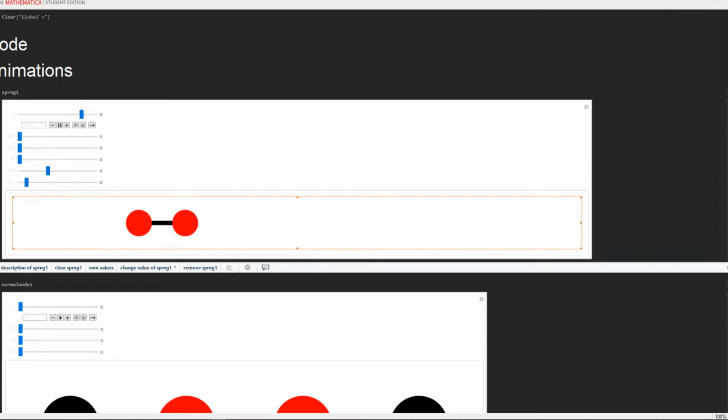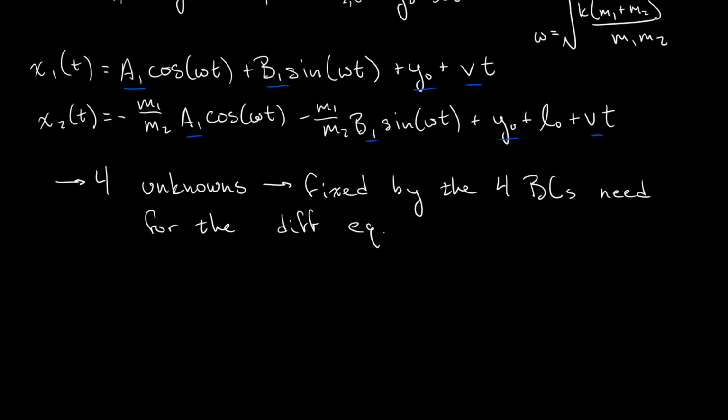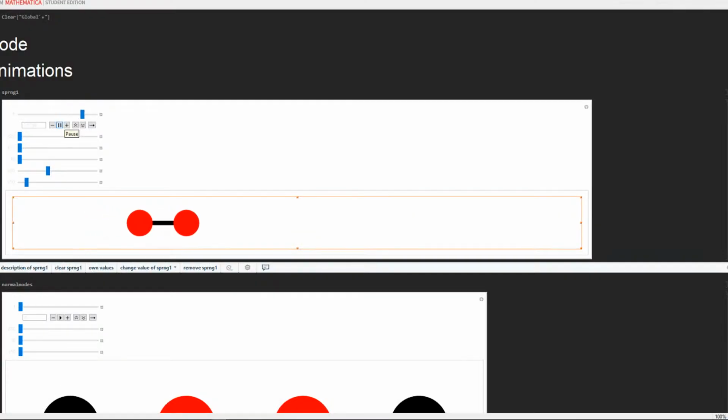Because like I said, if one of them has a higher velocity than the other, then the spring's going to end up stretching or compressing. Now note, all of these constants were fixed by just specifying the boundary conditions of the system, which is what we would hope to happen. So I'm actually going to pause this so that nothing ends up crashing on me.